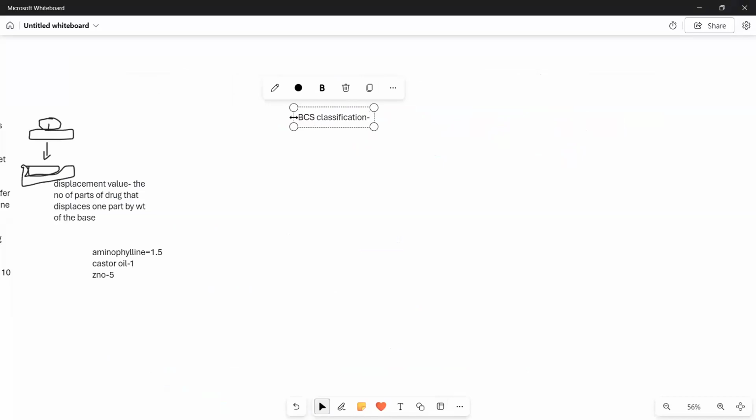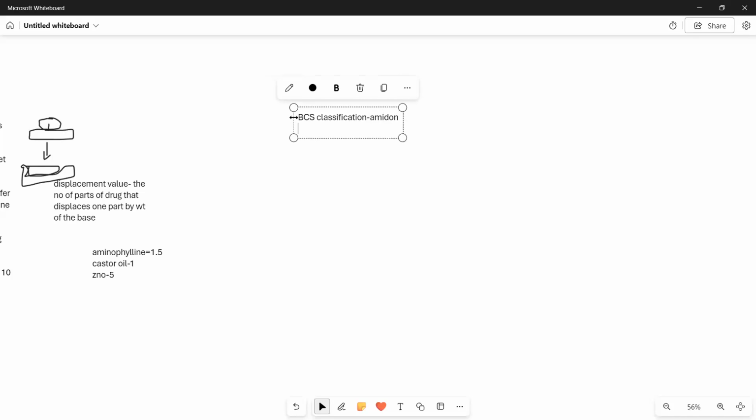Okay, so basically the BCS classification was given by Ahmed Ayon. Great. So based upon solubility and permeability, the BCS classification is done.